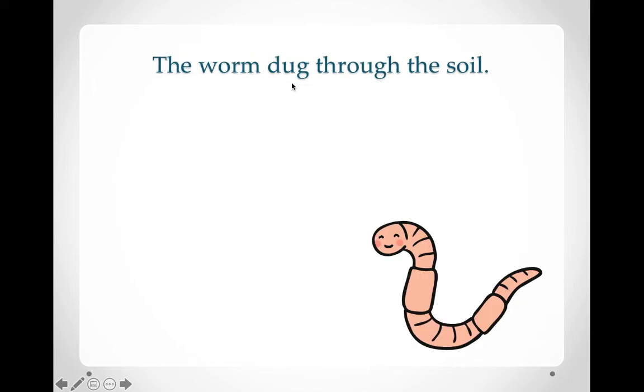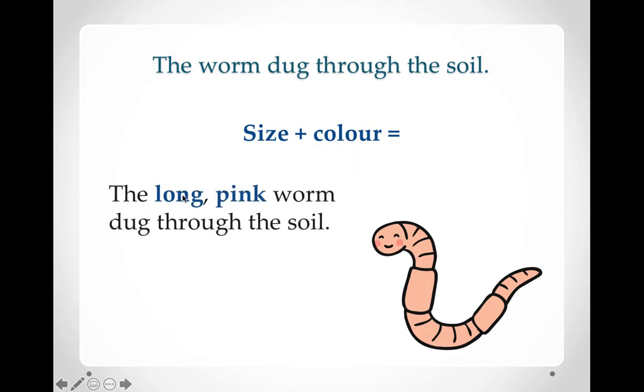The worm dug through the soil. You are going to add the size and the color. The long pink worm dug through the soil. The size is long. The color is pink.